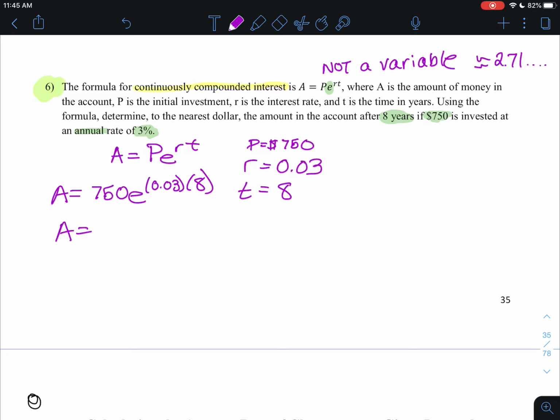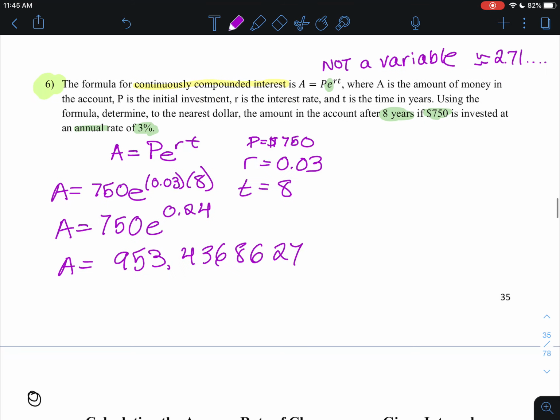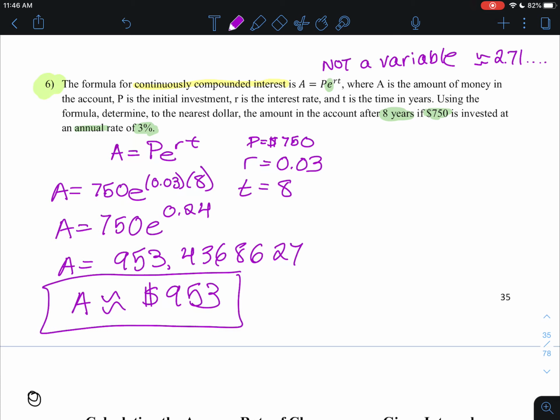And when you do that, you get 750 times E to the 0.24. And you'll end up with 953.4368627, which is about $953. You'll see here I didn't round to the second decimal place. Why didn't I?